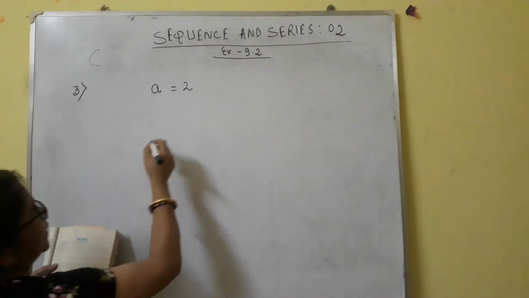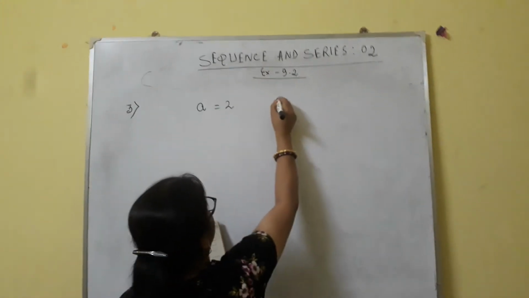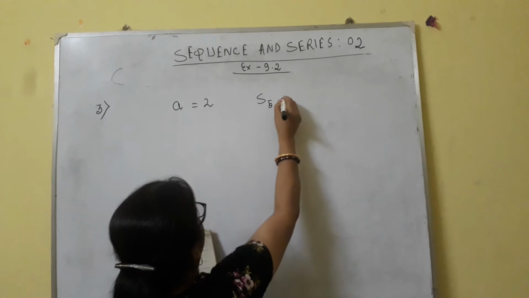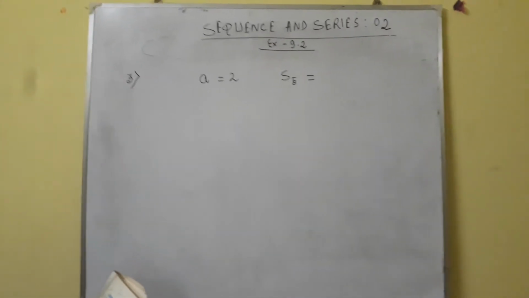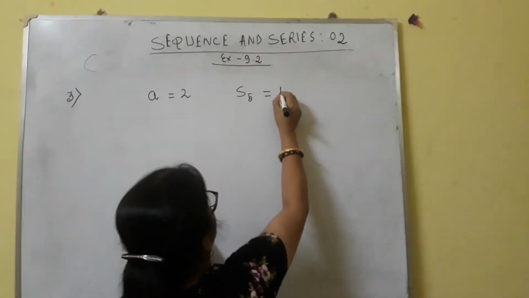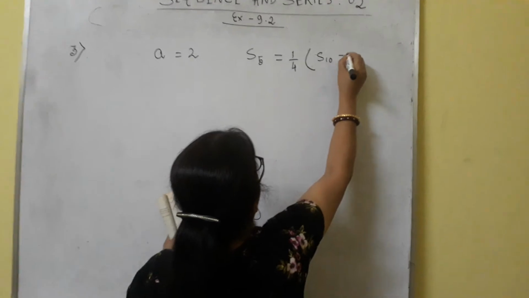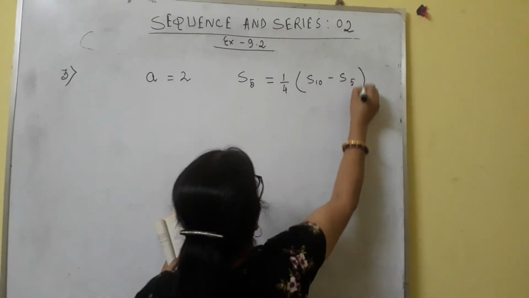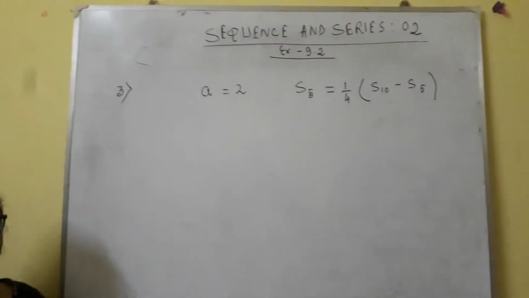That means S5 equals 1 by 4 into (S10 minus S5). This relation is given. Now at first you have to find the 20th term.